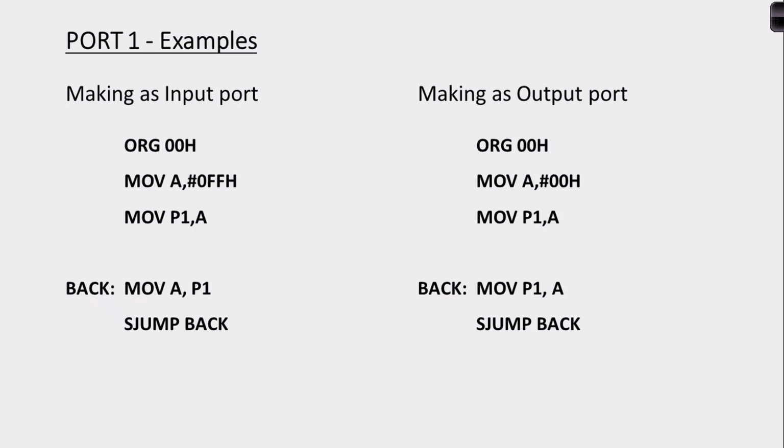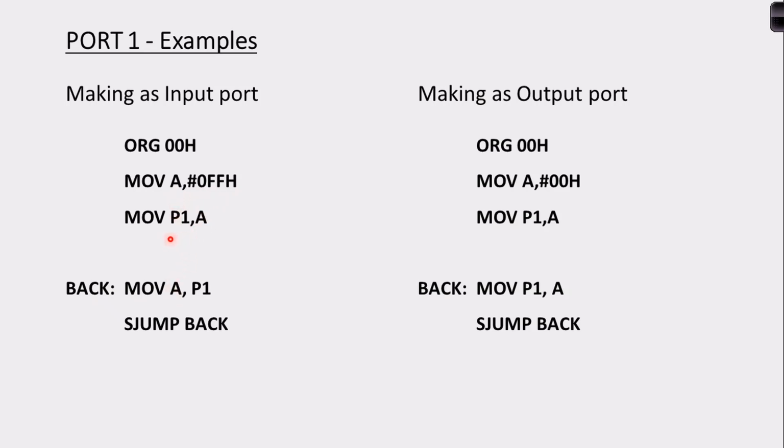Now let us look into the examples. The examples are similar to the port 0 examples, but instead of port 0 we have used port 1. Here we are making our port an input port, so I need to send 1. I'll load the accumulator with 0FF hex, and then load that value to port 1.